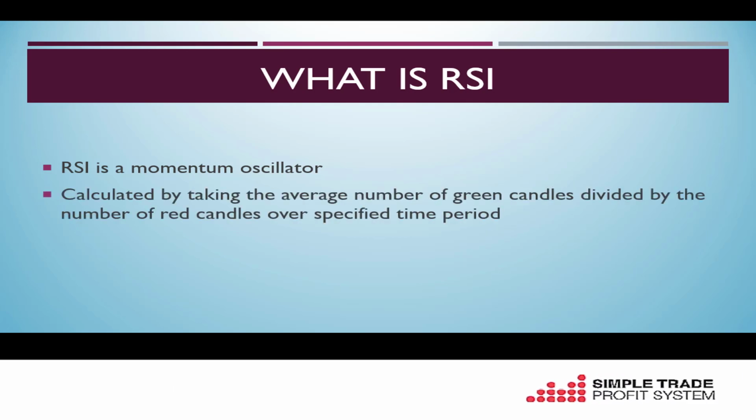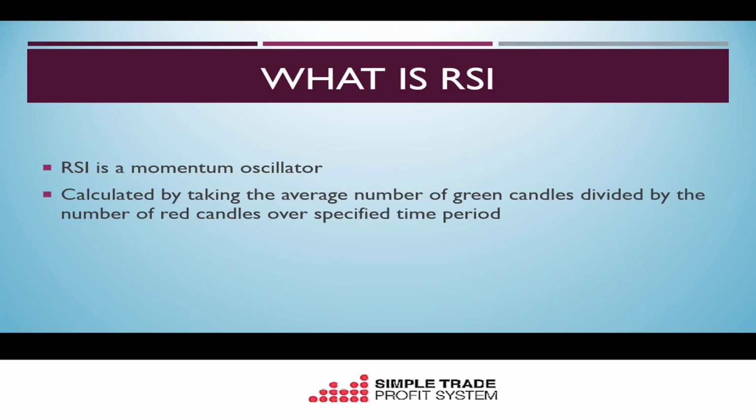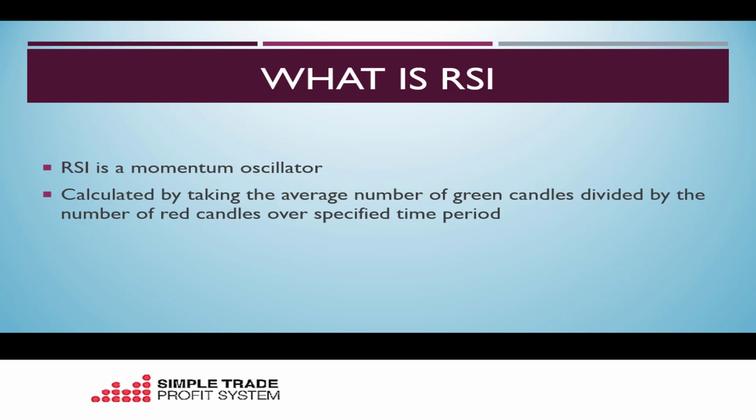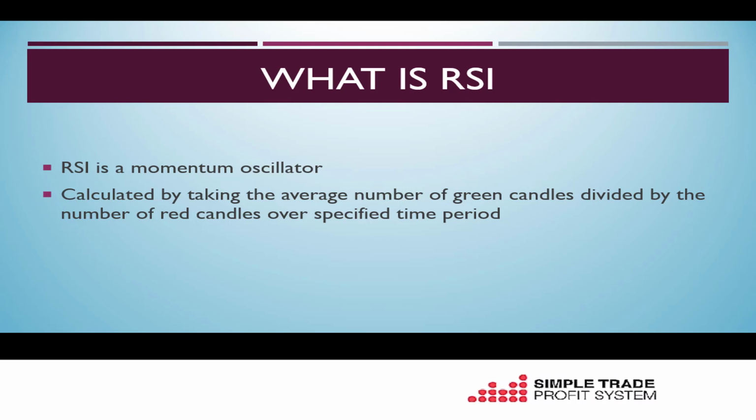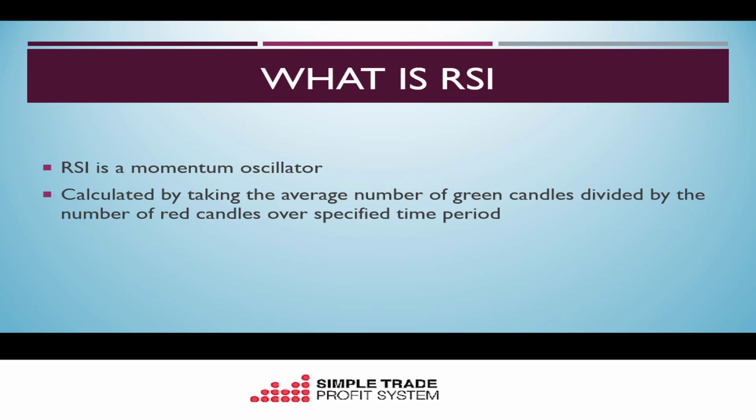It is calculated, and I'm going to show you pictures of it and we're going to go to the chart and look, but first, just to understand it, it's calculated by taking the average number of green candles divided by the average number of red candles over a specified time period. And it ends up being a line down at the bottom of your chart that is moving up and down as the market moves up and down.